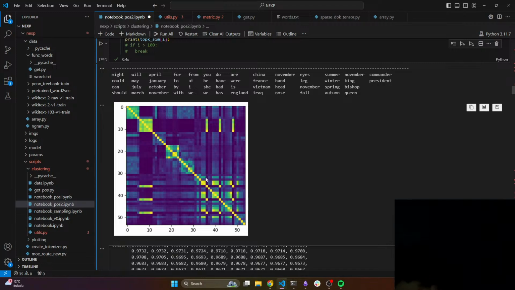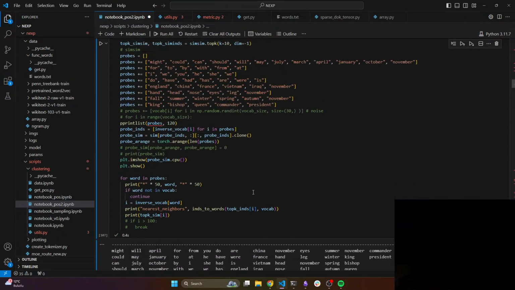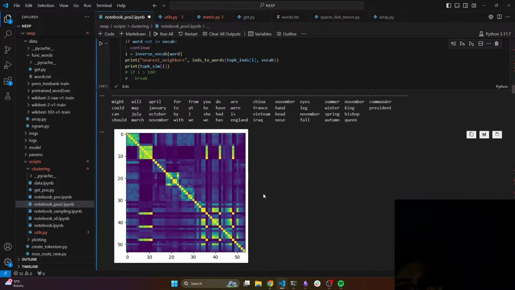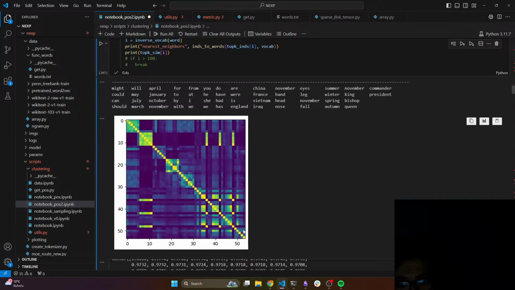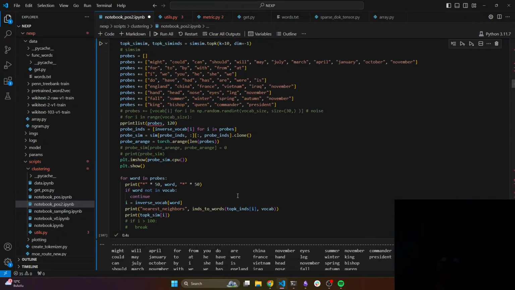And the thing is, they are all self-similar. Look, this is quite similar to other items in the same list. And perhaps it's because they have the same part of speech, right? That makes them similar in some sense. These words are quite similar, but not significant. That's the issue.